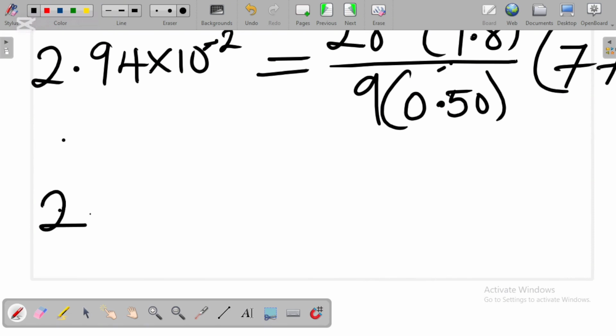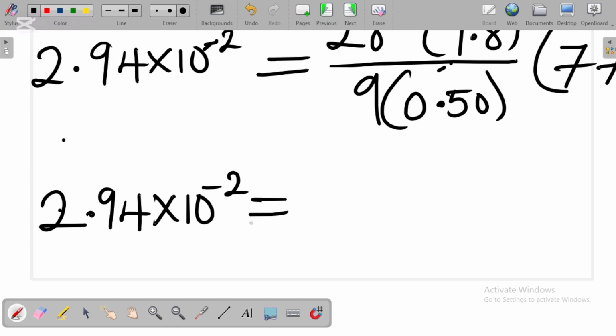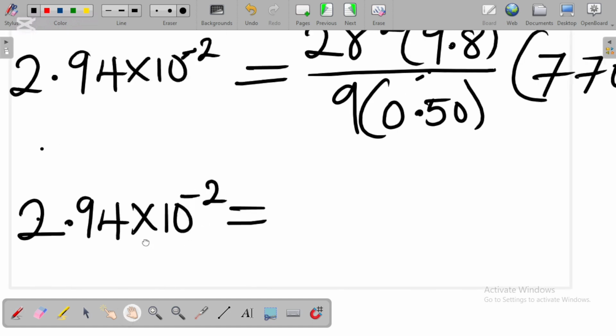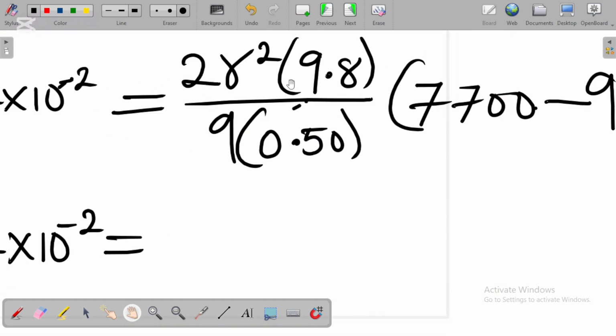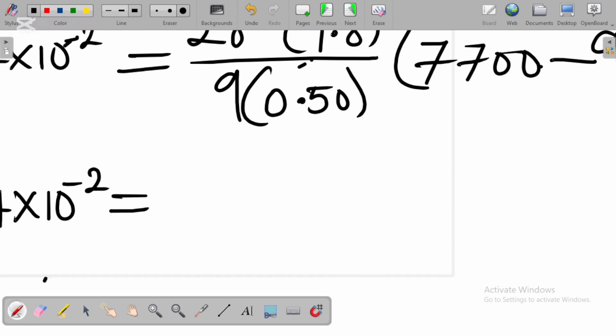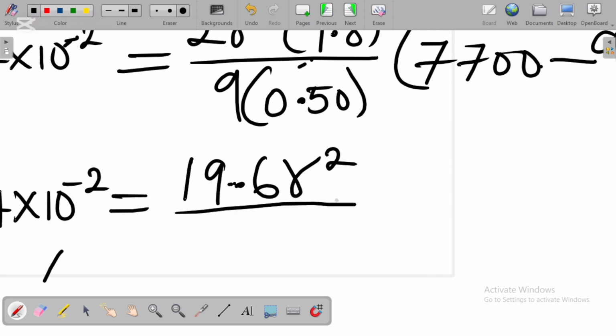So this gives us 2.94 multiplied by 10 raised to the power negative 2 is equal to 2 multiplied by 9.8 will give us what? It will give us 19.6 and then r raised to the power 2 all over 9 multiplied by 0.50.